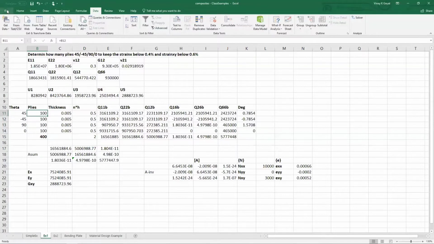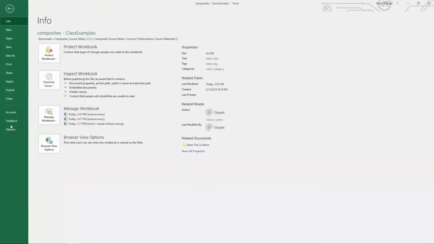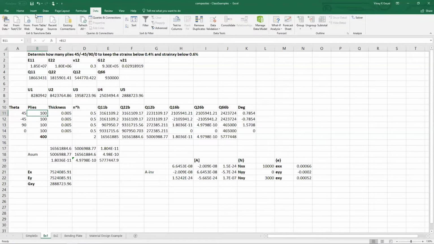Then go again into File and go into Options. Make sure you have the Solver add-in. And then from there, you can figure out the minimum number of plies, and you want to do that with the Data and then Solver approach.